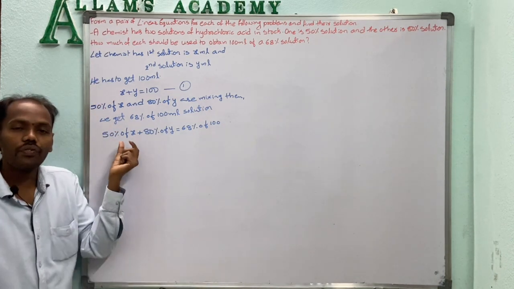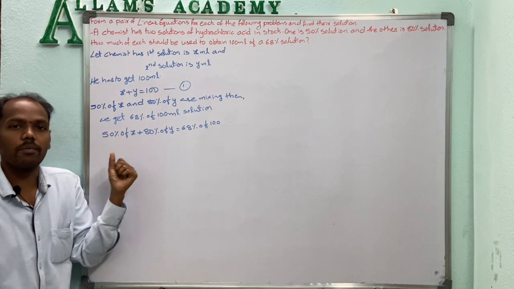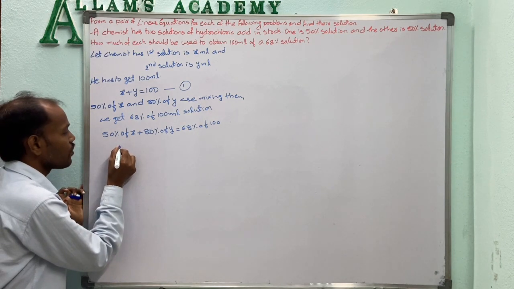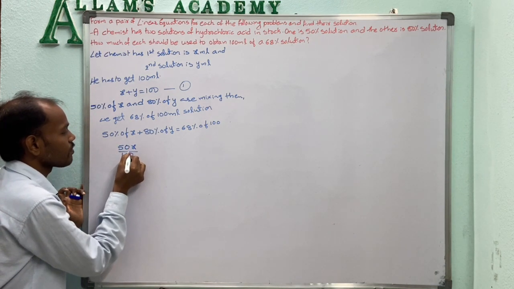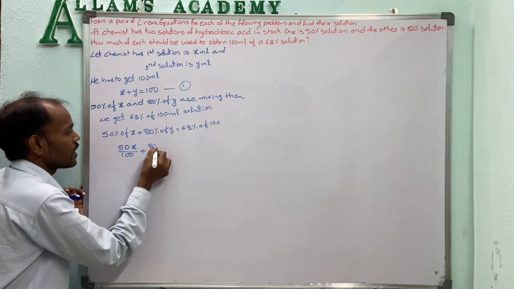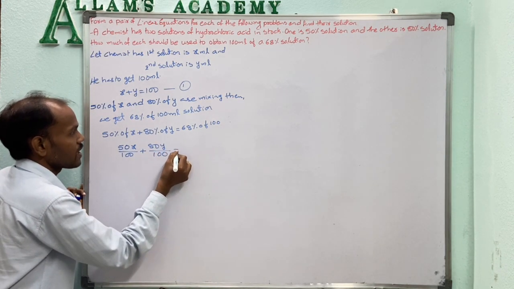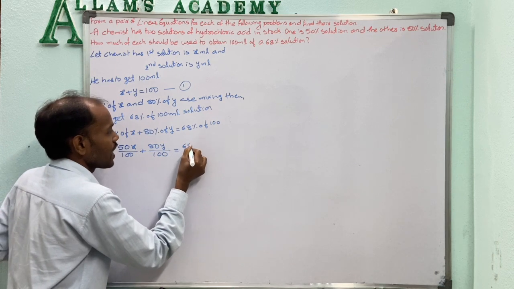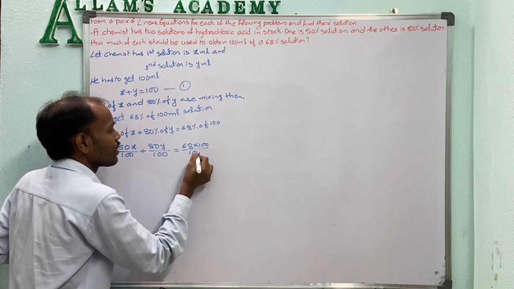Okay, now if we remove the percentage, then we can write denominator 100. So 50x by 100 plus 80y by 100 is nothing but 68 into 100 by 100.